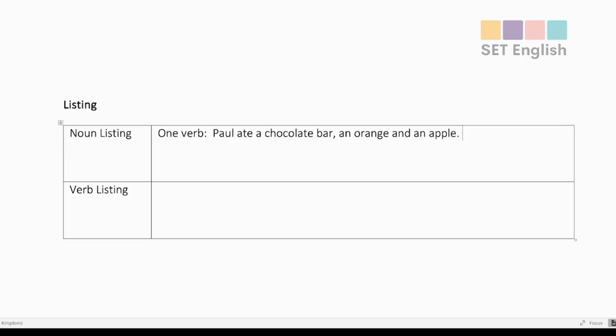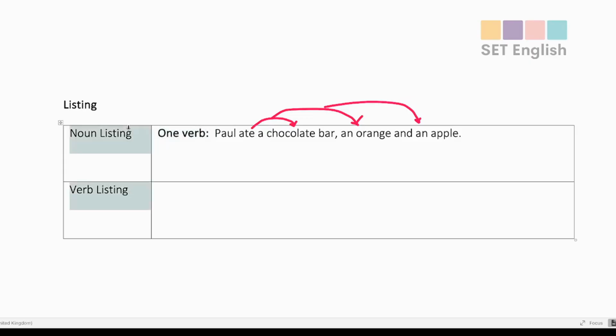I know this is very general English, but we can see one verb, and that one verb has done three things here in this list. It has eaten three different things. You eat the chocolate bar, you eat an orange, and you eat an apple. That's a nice simple way of doing a noun list.